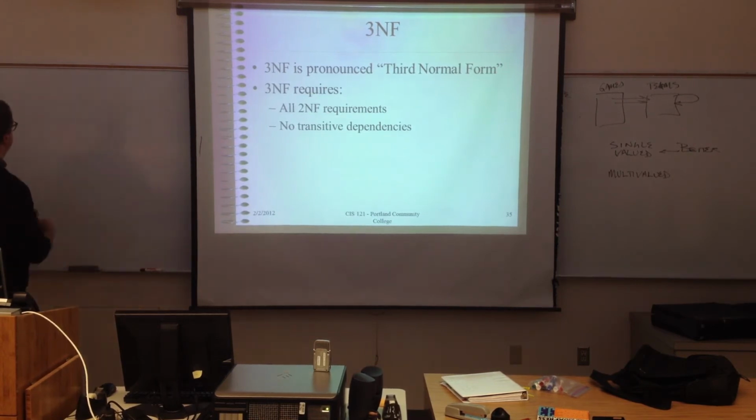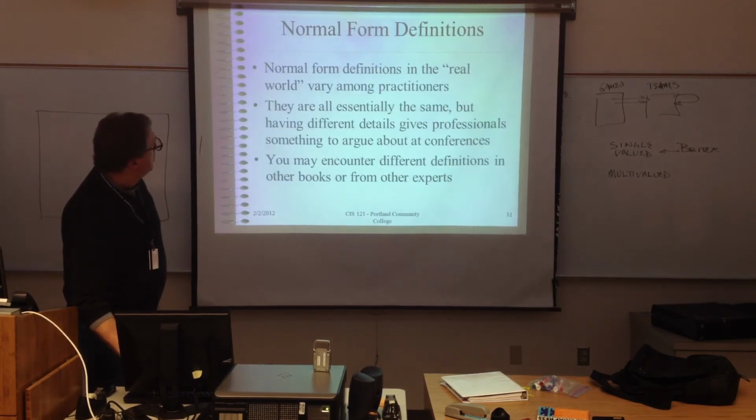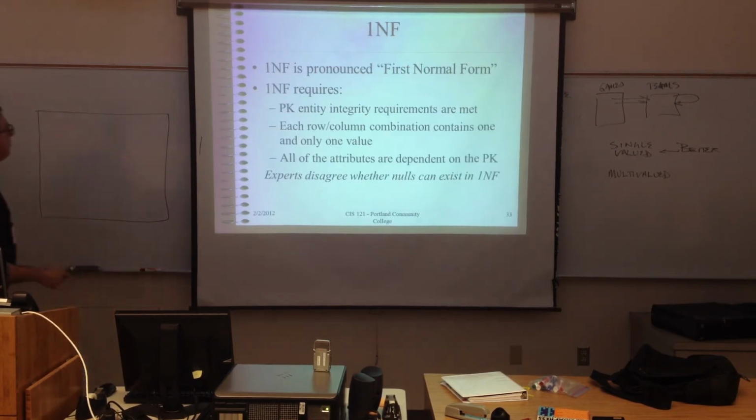So if you think of it like a table, let's go back through it. First normal form means I've got PK integrity.